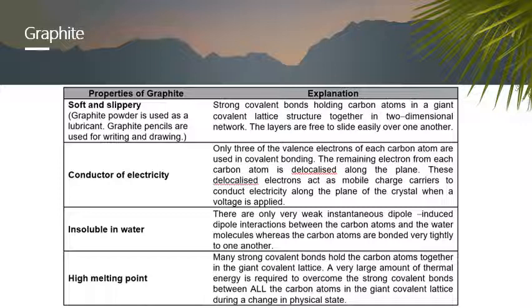So this is one thing unique about graphite compared to the rest of the covalent substances. Graphite is insoluble in water because it cannot form very strong bonds with water. They have a high melting point because a large amount of energy is required to break the strong covalent bond.